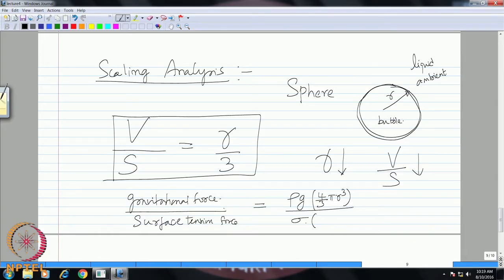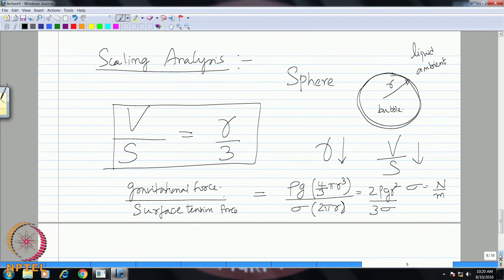Here you can associate 2 pi r, because the units of sigma are what? Newton per meter, not Newton per meter square. So, it is associated with just the perimeter circumference. Therefore, the ratio of this will lead to 2 rho g r square by 3 sigma.